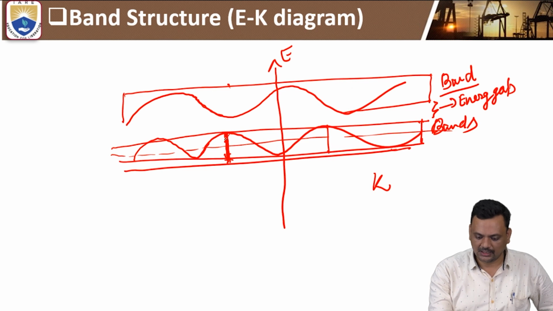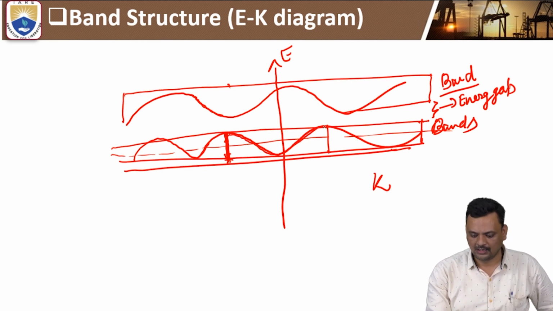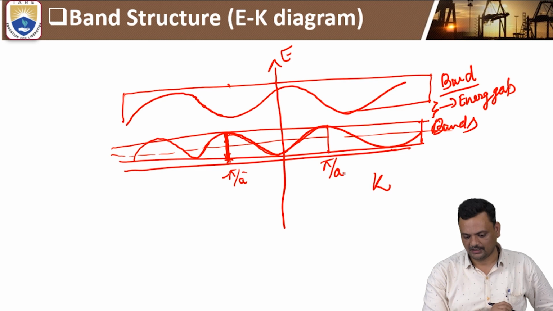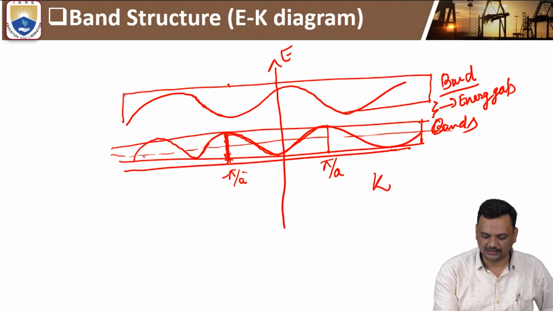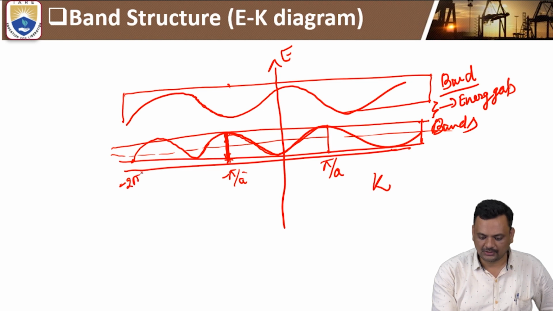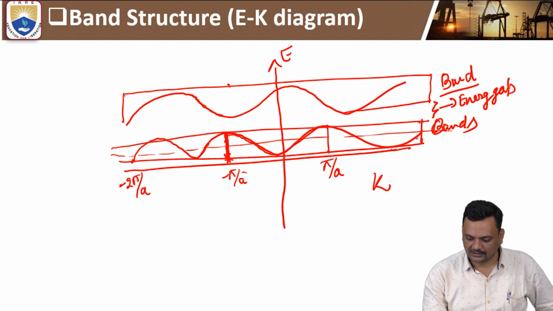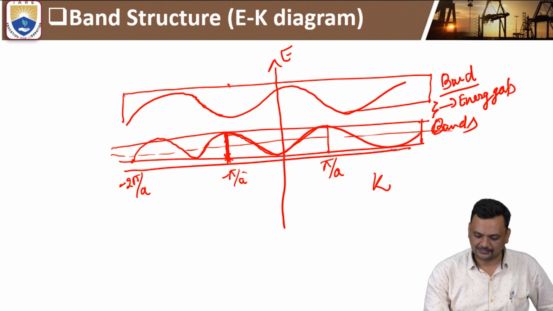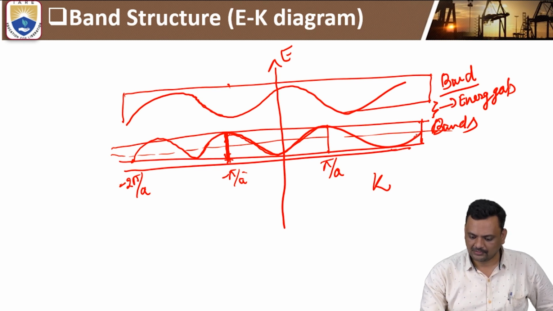Suppose here from minus pi by a to plus pi by a, again this is the region, minus 2 pi by a, this region, plus pi by a.